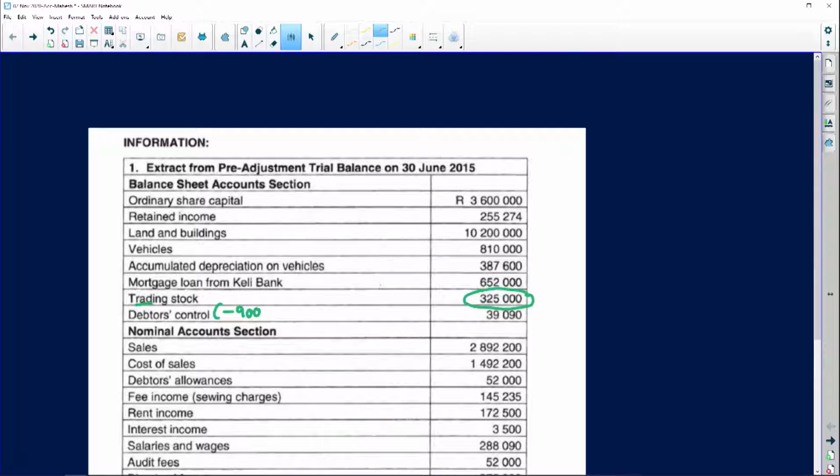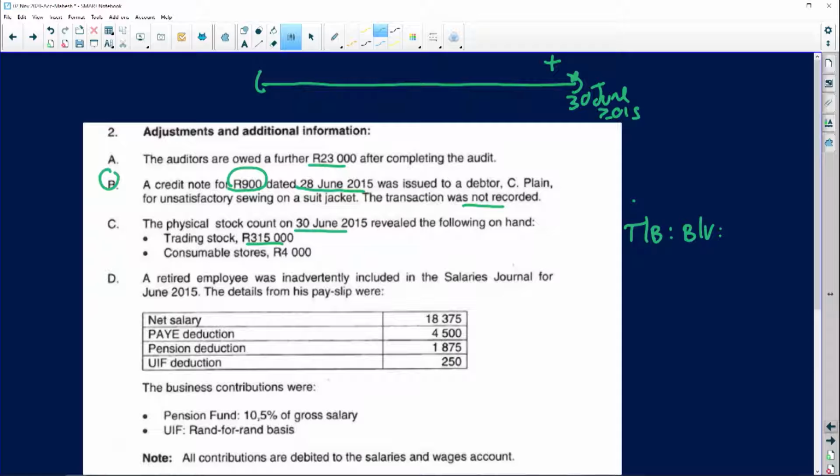The amount of trading stock we have, 325,000. So I just want to take that through. 325,000 according to our books, according to our general ledger. But when we do a physical count, so when we count each item in the business, the amount of trading stock we have is 315,000. So clearly there is stock missing. There is a deficit.